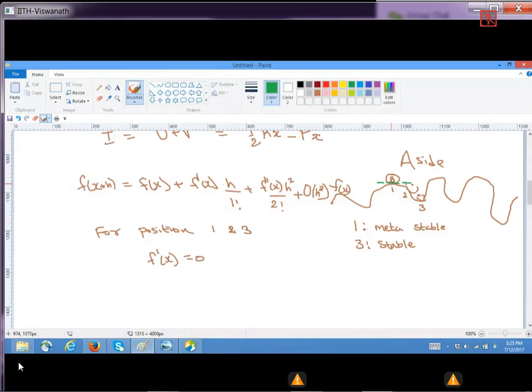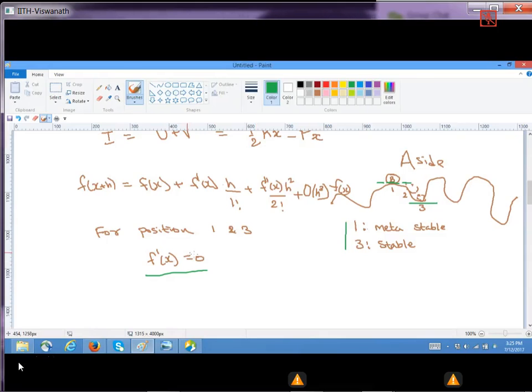That means f dash x is equal to 0 for both. So for a maxima or a minima, or for a metastable and a stable configuration, your first derivative is 0. For both, your first derivative is 0. Now, how can you say that it is stable or unstable? Actually, this is sufficient, but I'm just telling you about the second derivative also. So let's also see the second derivative.